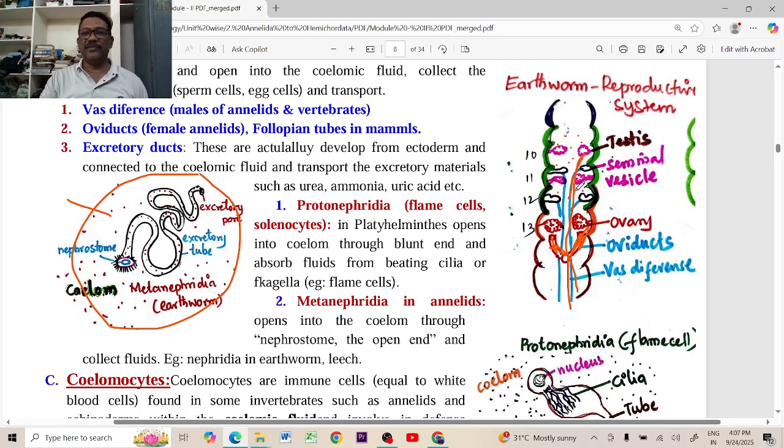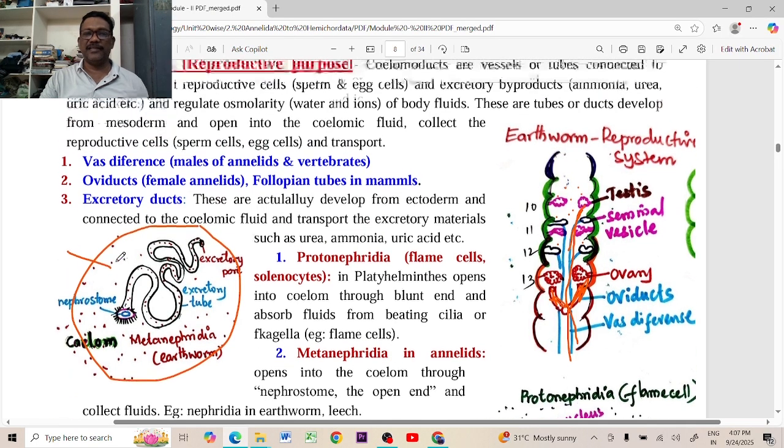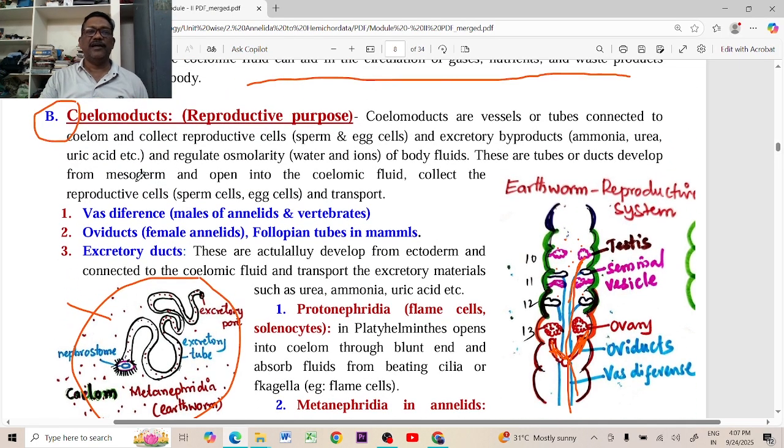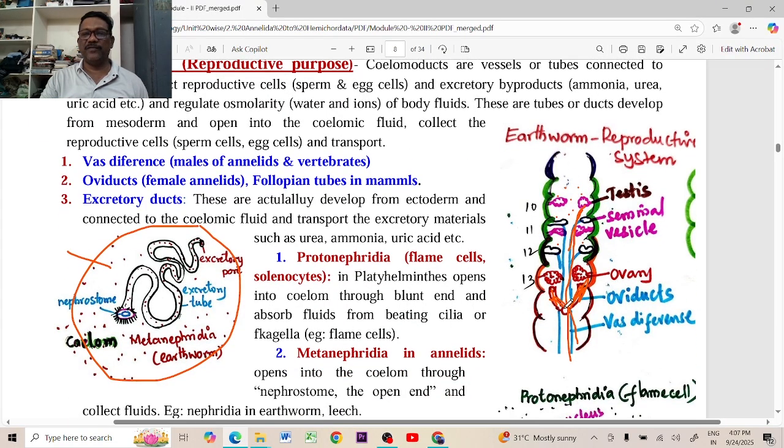So these two, the excretory organs, nephridia, and the reproductive ducts, vas deferens and oviduct, are called the coelomoducts. These reproductive vessels can collect the reproductive cells. These nephridia can collect the waste material from the body and also maintain the osmotic regulation.